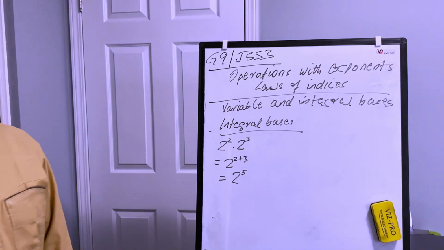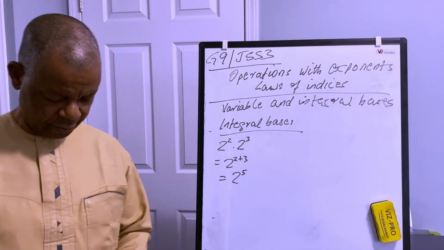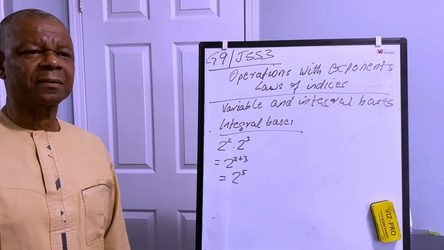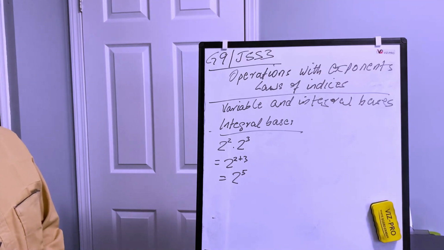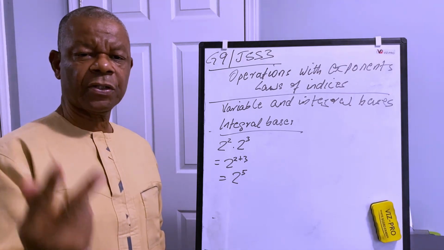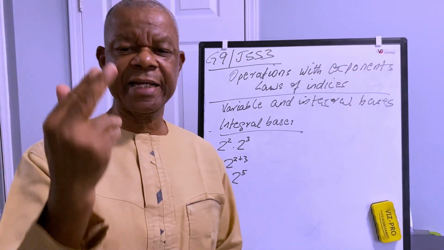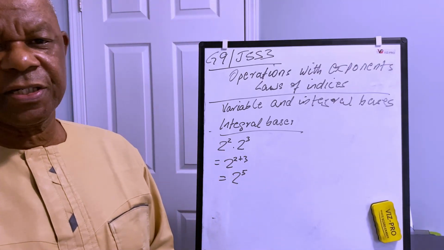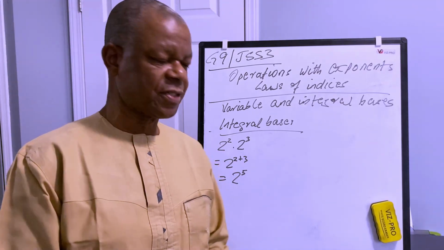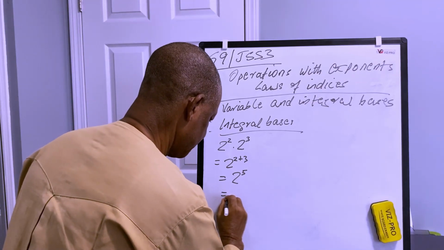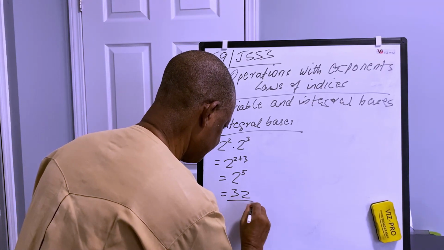This is a manageable number, so we can continue. 2 times 2 is 4, 4 times 2 is 8, 8 times 2 is 16, and 16 times 2 gives us 32.